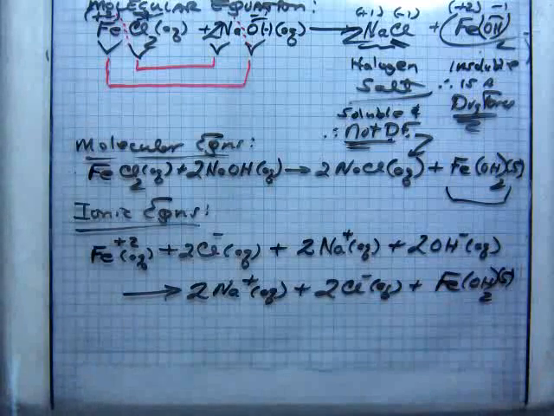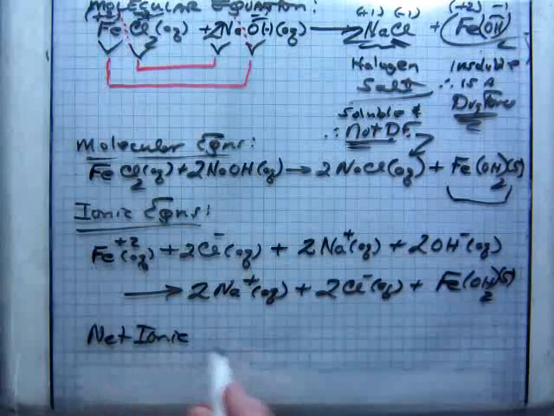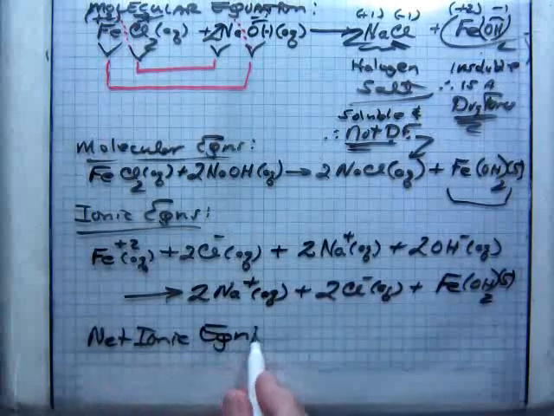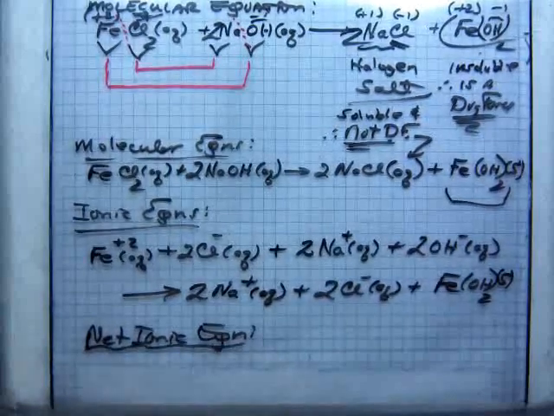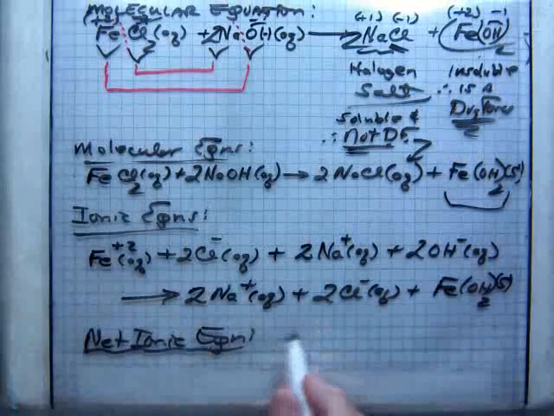Now, the net ionic equation, which we write next, shows only those reagents that undergo reaction out of the ionic equation.